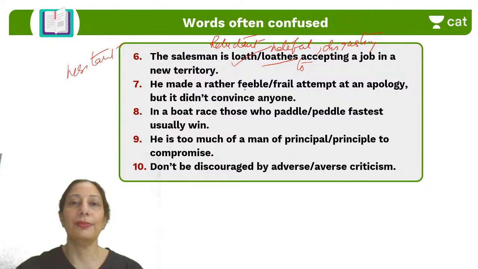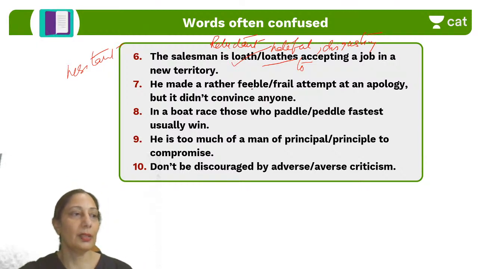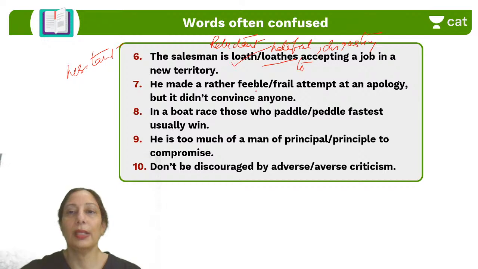He made a rather feeble or frail attempt at an apology, but it didn't convince anyone. What do you think is the answer? Is it a feeble attempt or a frail attempt? Feeble attempt.